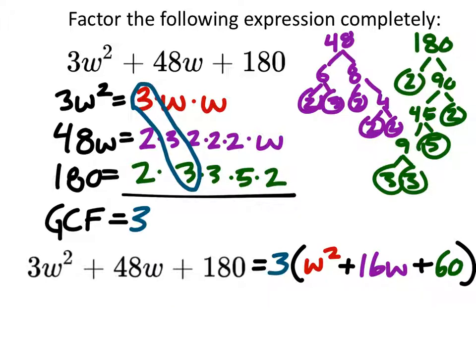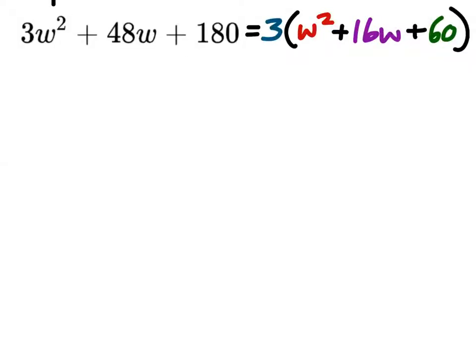All right, so I have this new expression with the greatest common factor taken out. So I'm just going to get rid of this other stuff for now so we can focus on it, okay? And I'm going to forget about the 3 for now, just knowing that it's going to come back, okay?